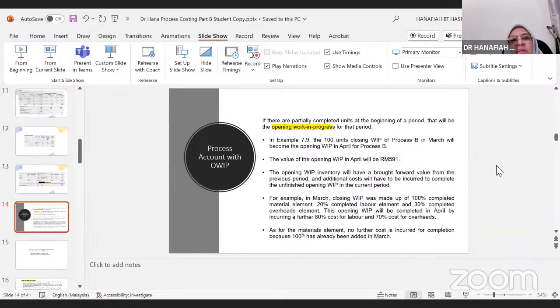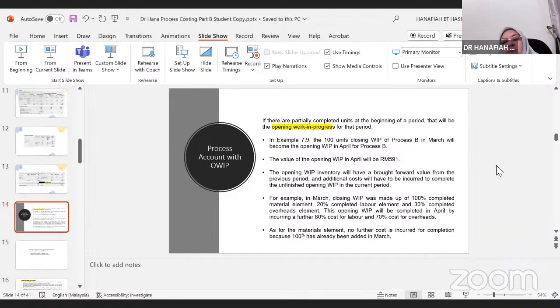Let's say we put in 100, and not all 100 can be completed at the end of the month. Sometimes something happens and we have to stop the production. Maybe the machine is out of usage, for example. So therefore, some part of the process cannot be completed. That's why we have the work in progress.